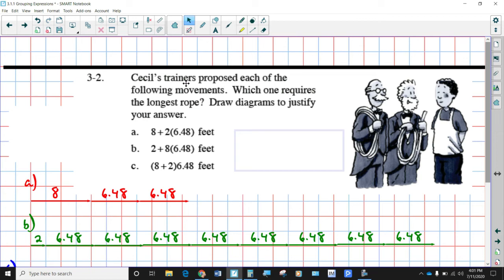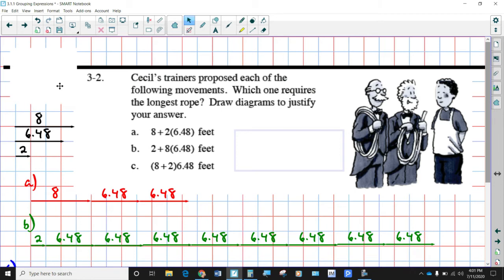Okay, Cecil's trainers proposed each of the following movements. Which one requires the longest rope? All right, so what I did was I started off with A, and I basically took those distances right there, an 8-foot distance. So I'm using these equal portions here as 2 feet each, right? There's 2, then 4, then 6, and 8, and that's a little bit past the 6 mark, between 6 and 7.